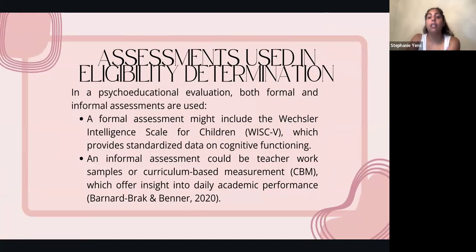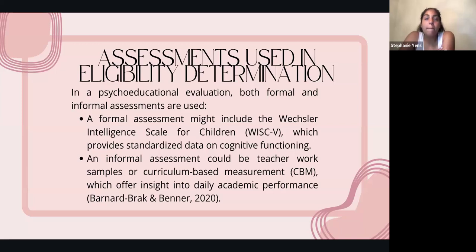Assessments used in eligibility determination and psychoeducational evaluation: both formal and informal assessments are used. So a formal assessment might include the Wechsler Intelligence Scale for Children, which provides standardized data of cognitive function. An informal assessment could be teacher work samples or curriculum-based measurements, which offer insight on daily academic performance.